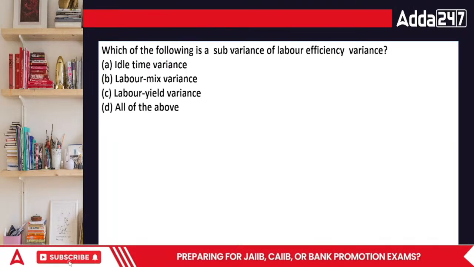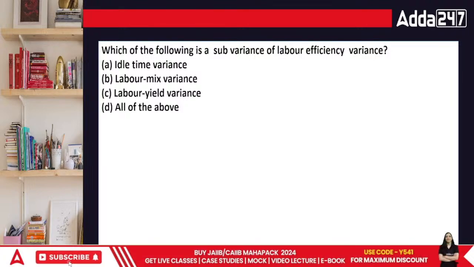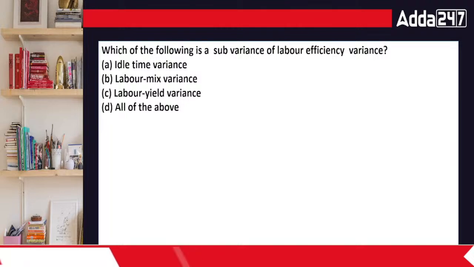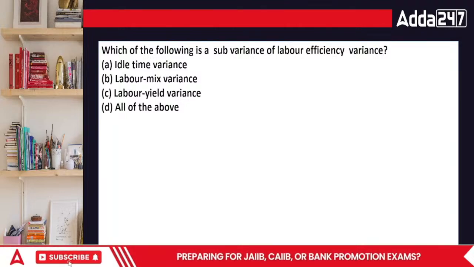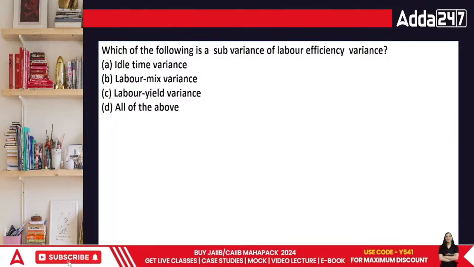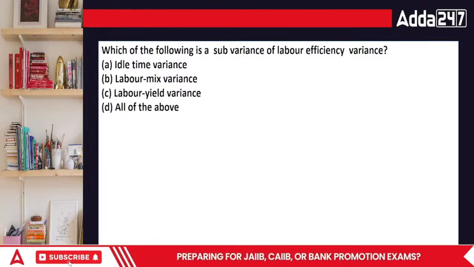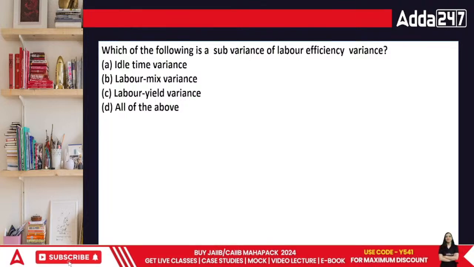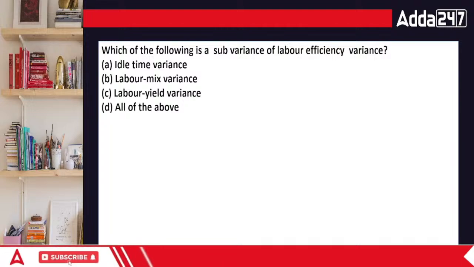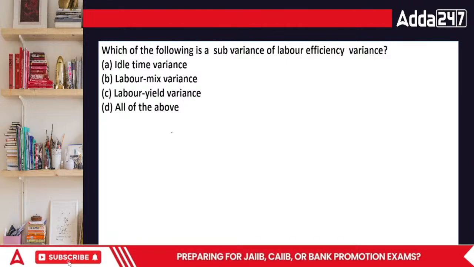Which of the following is a subvariance of labor efficiency variance? Subvariance. Matlab labor efficiency variance has given rise to which? Idle time, mix variance or yield variance? What's going to be the answer, everyone? Under labor efficiency variance, it actually includes everything. It includes all of these.